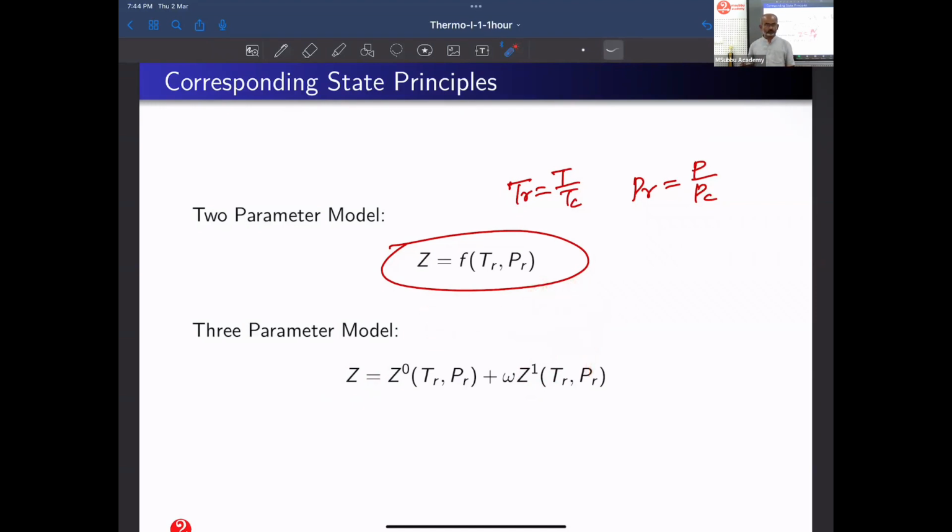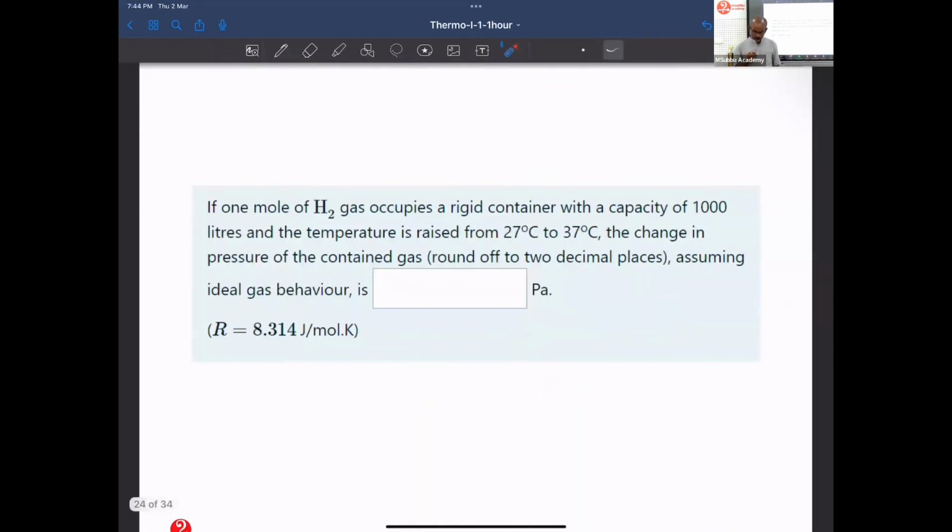Okay, fine. So about 15 minutes left. Before going to the first law, we'll see a relevant problem on this equation of state. If 1 mole of H2 gas occupies a rigid container with a capacity of 1000 liters, we know the volume now.